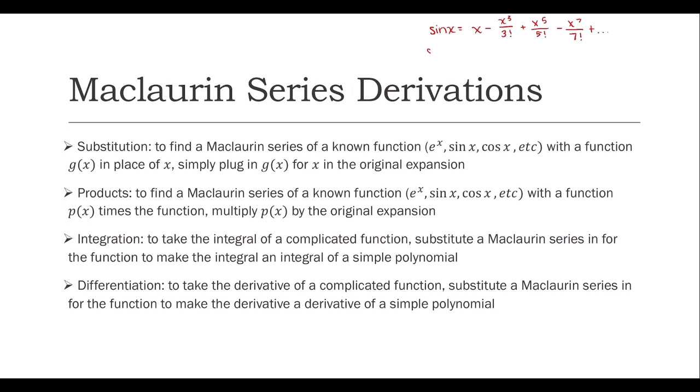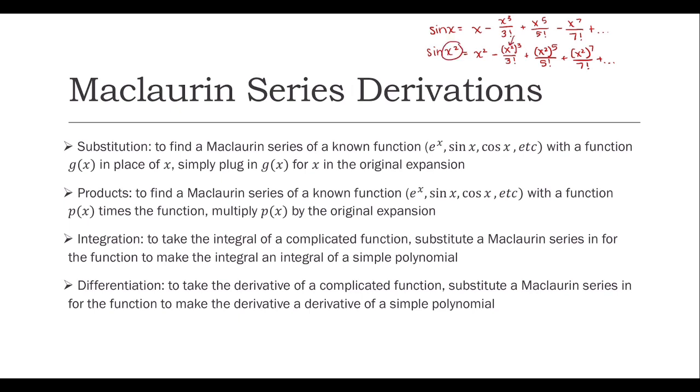So if you wanted to know your sine of x squared, that would be x squared minus x squared cubed over 3 factorial plus x squared to the 5th over 5 factorial plus x squared to the 7th over 7 factorial, and so on. So you just go ahead and plug whatever is in place of your x into that area there.